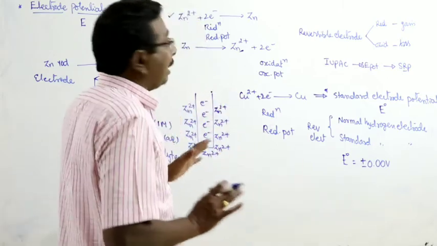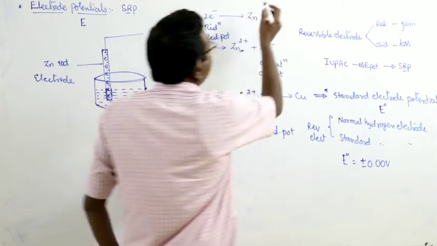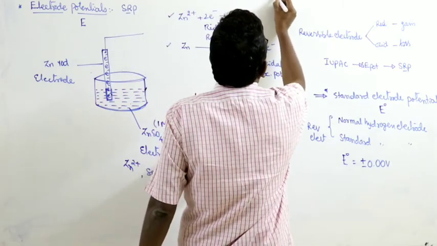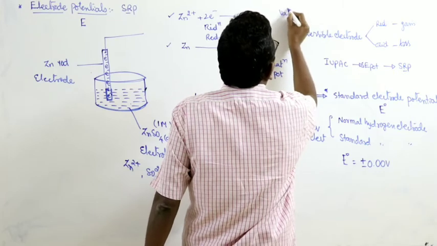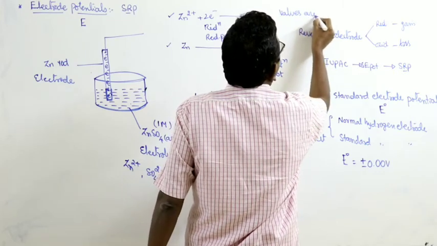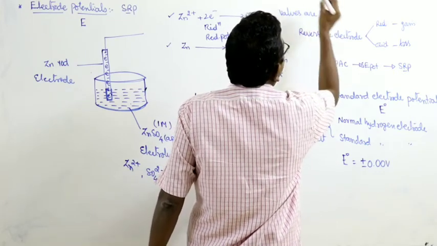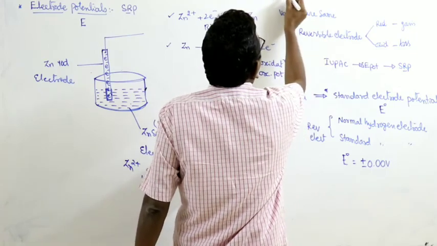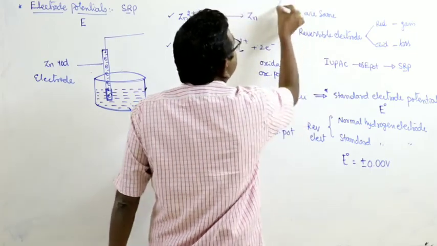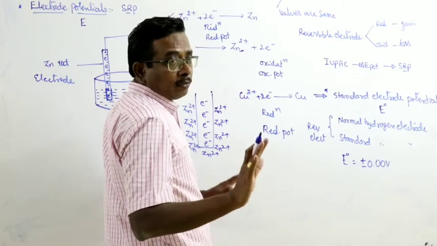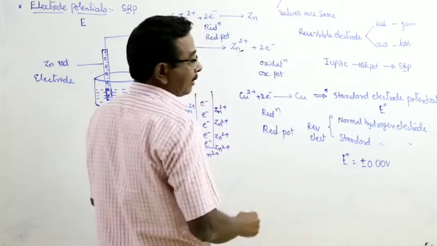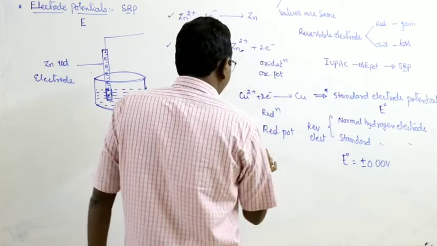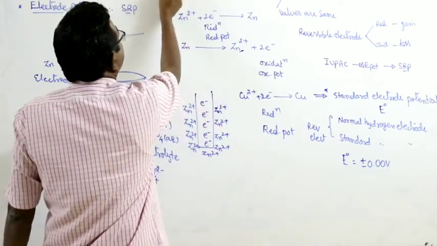For a given element, both the standard reduction potential and also the standard oxidative potential values are the same, but they have opposite signs. Here these have the same value, the magnitude is the same, but with opposite signs. Let us consider an example for the same thing.